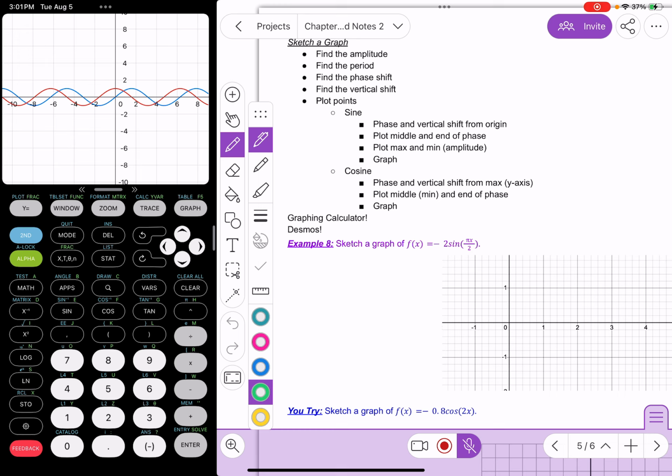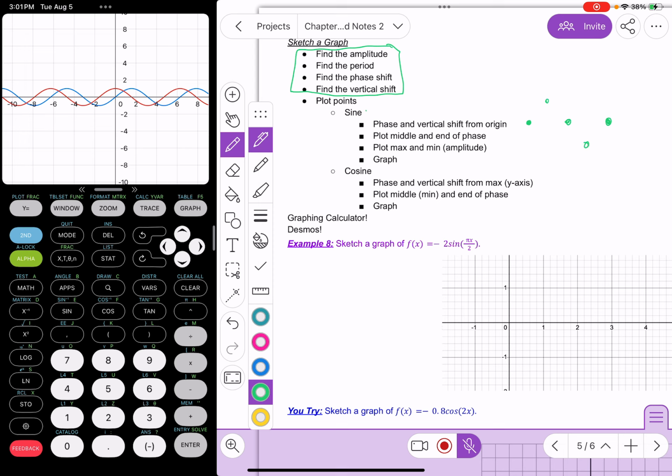All right. Now we're going to sketch a graph. So from the equation, you find all of the things. If you're doing it by hand, then you're just going to plot some points. For sine, you're going to plot the middle, the beginning and the end, because you start at the midline and then the middle.